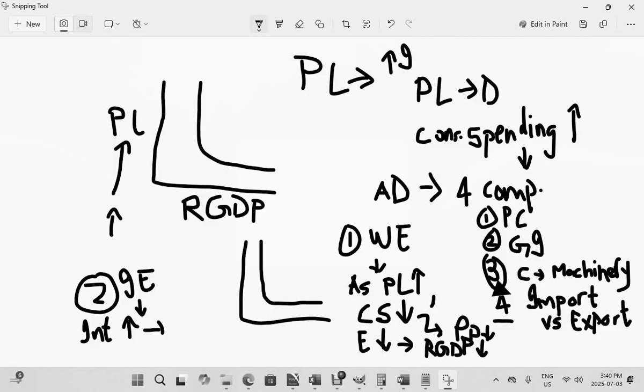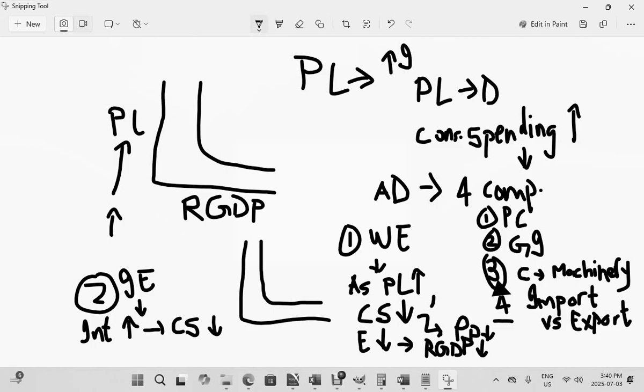Because think about it, who's going to borrow at a higher interest rate? Everybody wants to borrow a loan at a low interest rate. So consumer spending goes down because obviously, if you can't borrow money, you're not going to spend it. You're going to save money instead, for a better day.